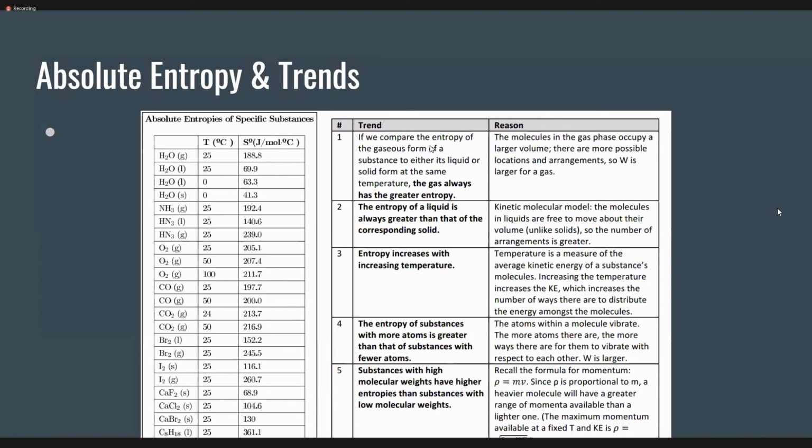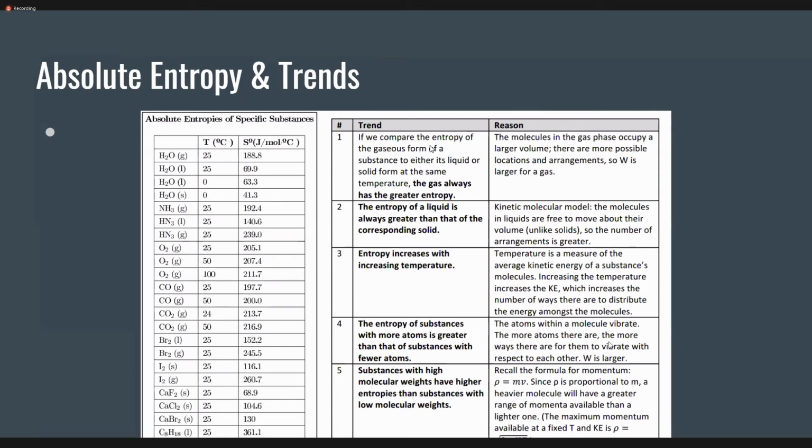The reason for that is there's a much greater range of momentum. It moves around a lot, so there are a lot of ways to distribute the energy amongst these molecules. So that also adds to the greater entropy. It's important that entropy is not only dependent on position, but a bunch of other factors as well that describe a molecule.